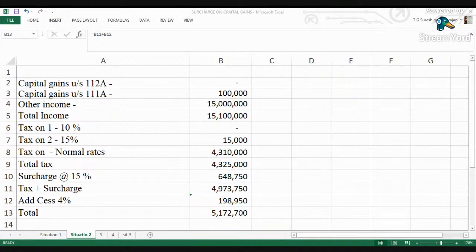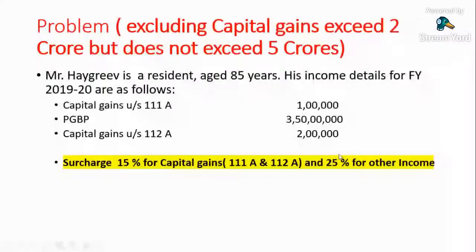So I'll move on to the third one again. Let us move back to the next question. If any one of you tried, we have 111A of 1 lakh, 112A of 2 lakhs, PGBP of 3.5 crores. Do we have an answer now? Can I have an answer?